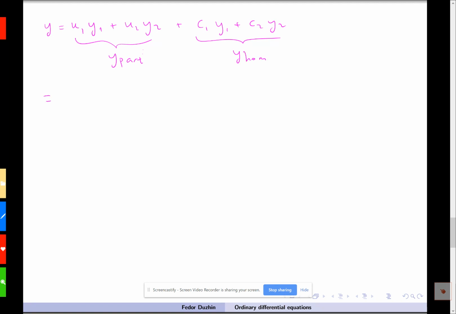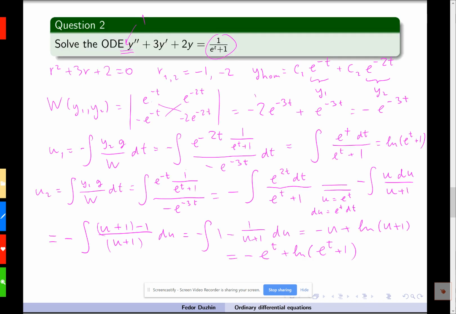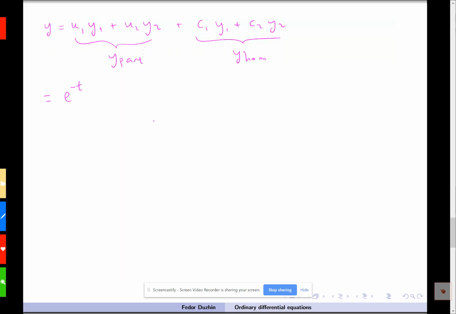Okay, now our y1 is e to the minus t, right? Yes, our y1 is e to the minus t, times u1, which is ln of e to the t plus 1.